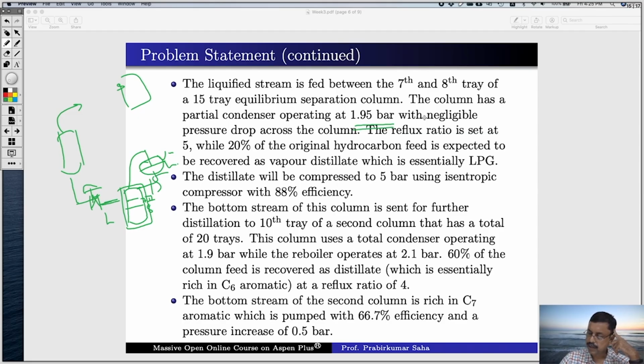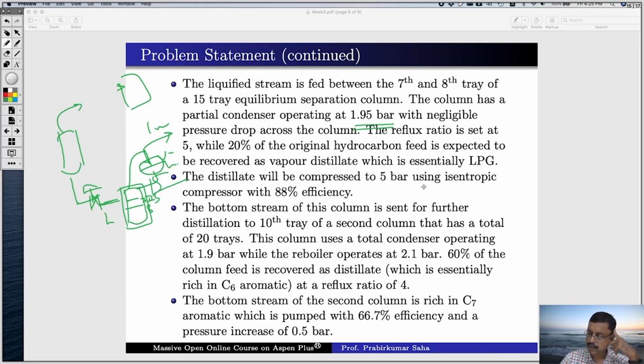The reflux ratio is set at 5. That means if 1 mole of vapor is going out of the partial condenser, then 5 mole will come back to the column. So reflux ratio is set at 5.